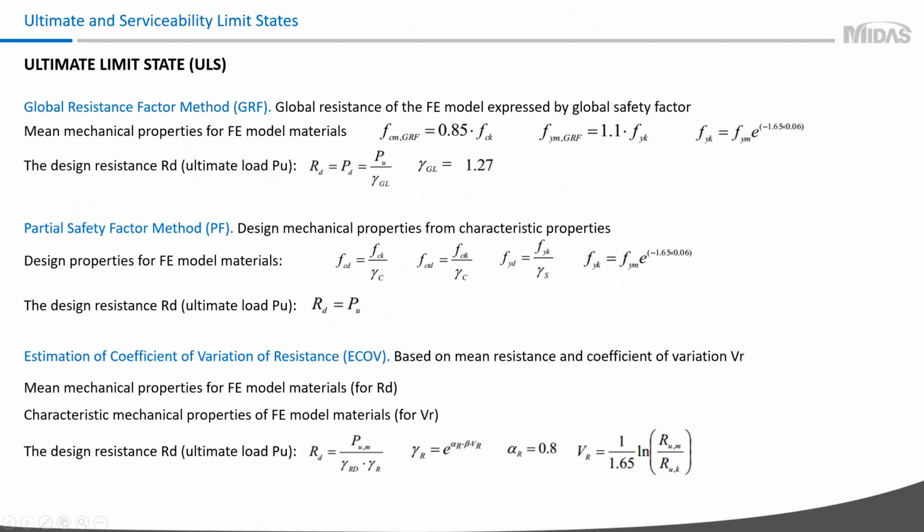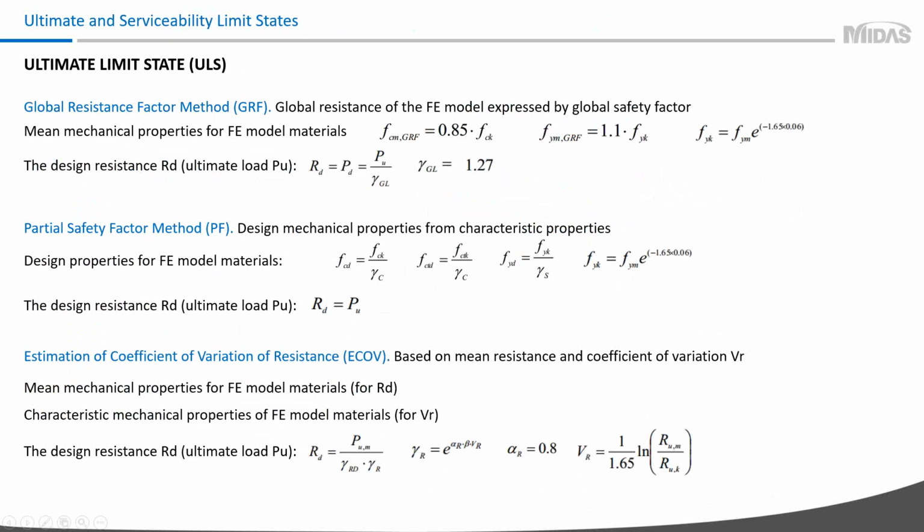According to this approach, when you create a finite element model, you apply mean mechanical properties for concrete and for reinforcement. Then you perform analysis. After analysis, you estimate the ultimate load, and you have to divide this ultimate load by the global safety factor. Doing this, you will get the design resistance.